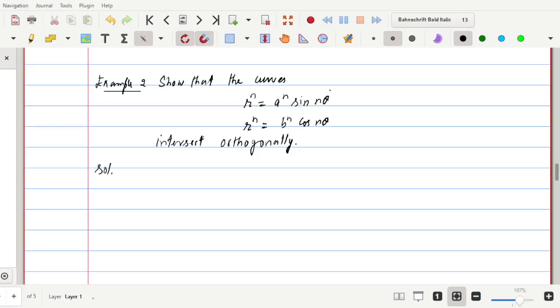So what we need to do is evaluate the angle between the radius vector and the tangent vector for both of these curves, and then evaluate the angle between their intersection, which is given by alpha equal to the absolute difference of the angles.